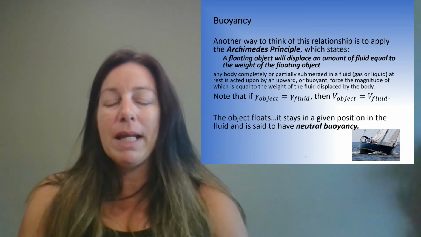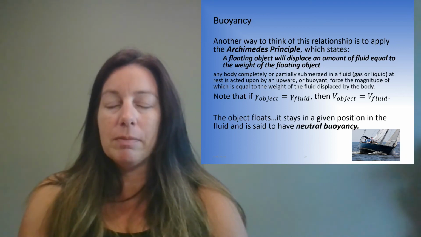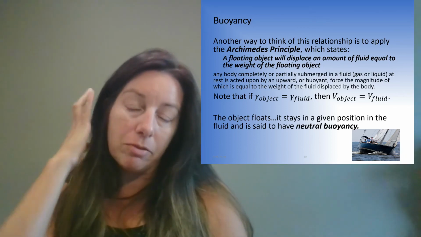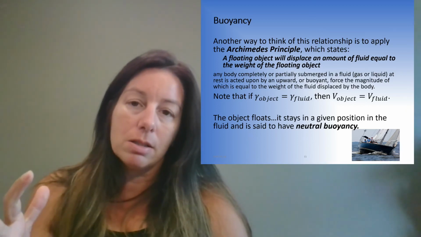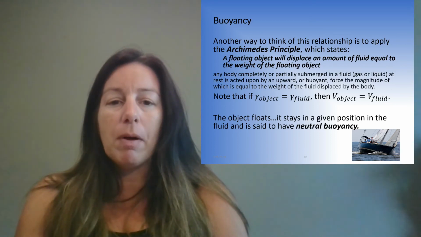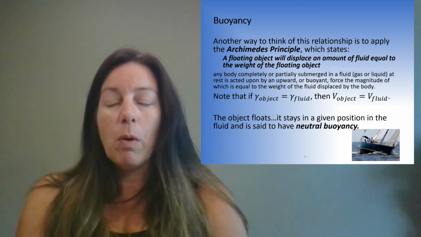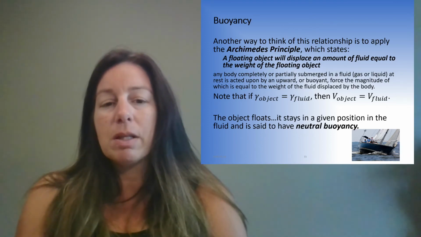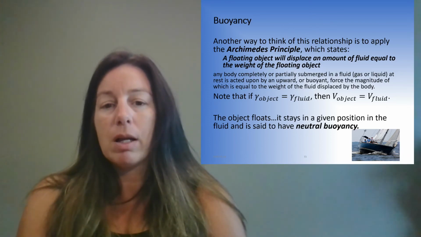Any body completely or partially submerged in the fluid, and remember the fluid can be gas or liquid, at rest, so it's not moving, sum of the forces equals 0, is acted upon by an upward or buoyant force, the magnitude of which is equal to the weight of the fluid displaced by the body.